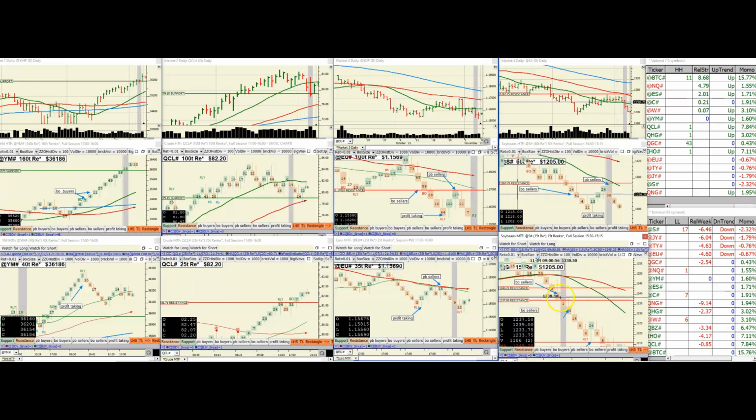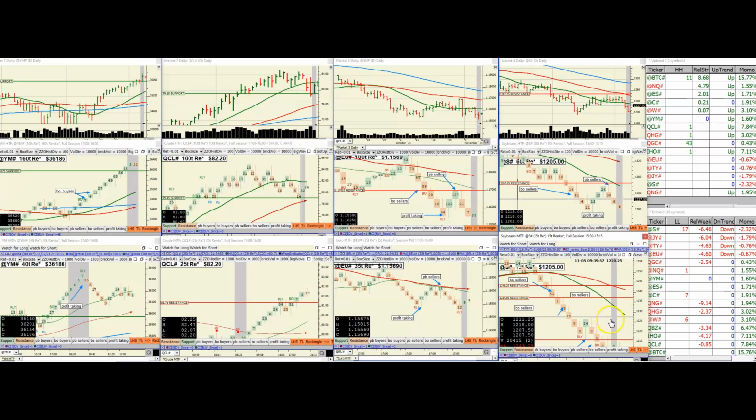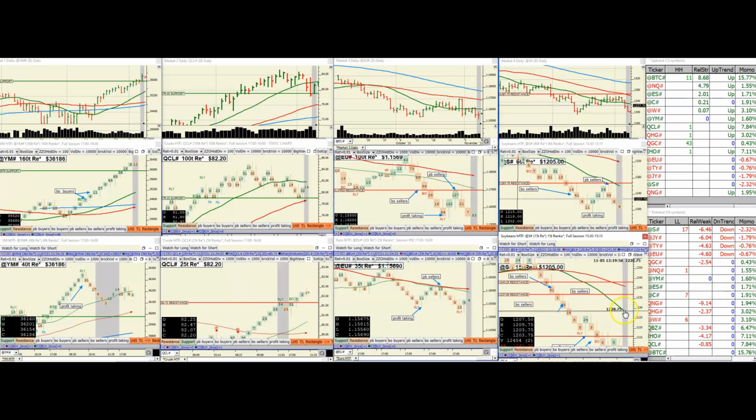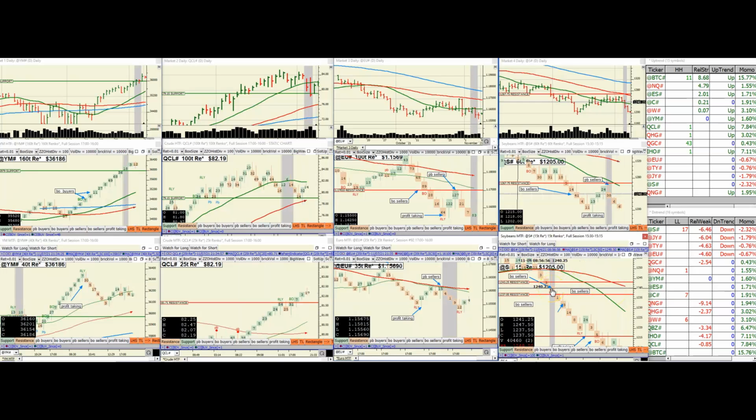Here you had breakout sellers, 41,000. So if this market reverses and goes up here, these guys will want out. So that is going to be a good trade.